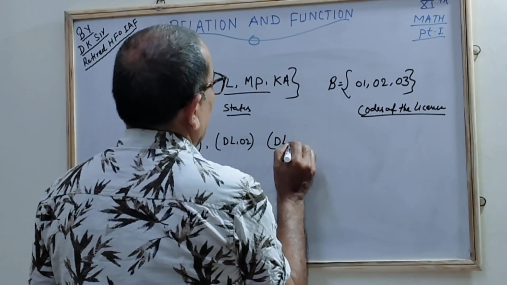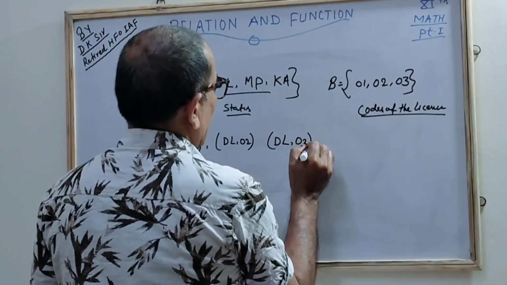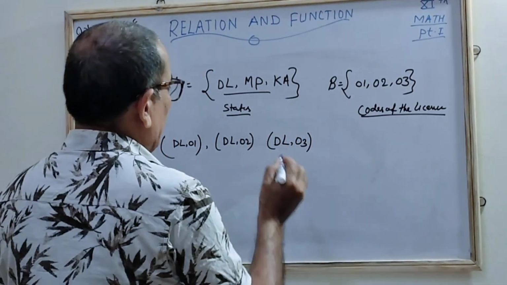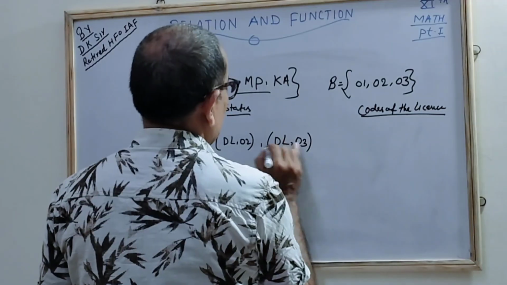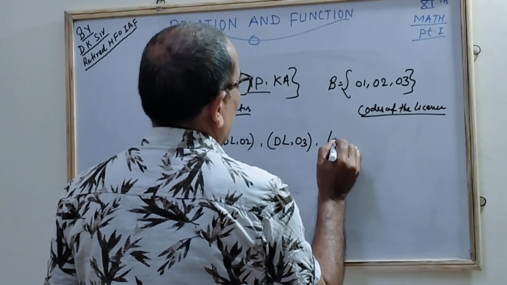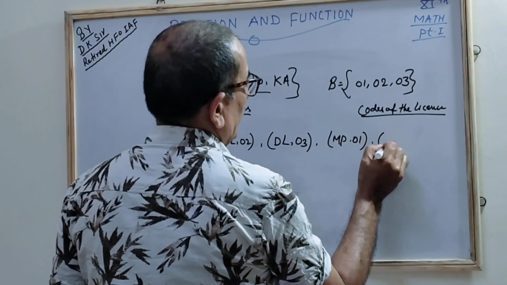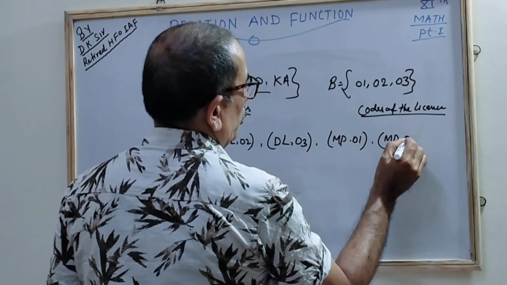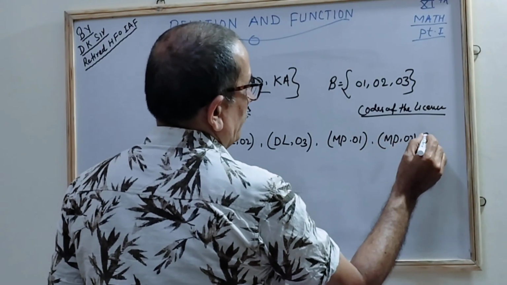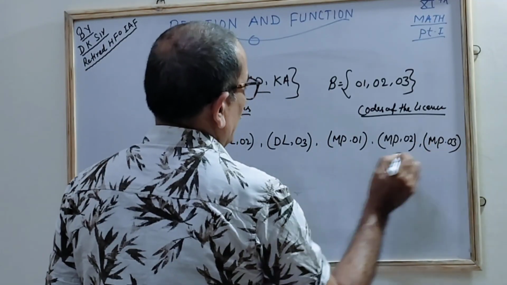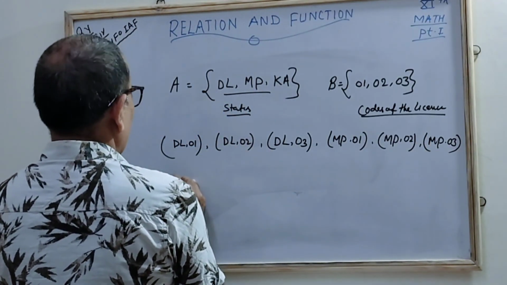Again now we'll change from DL and go to MP, Madhya Pradesh. MP will be MP 01, next MP 02 and the next MP 03. Correct? The next will be KA, Karnataka.